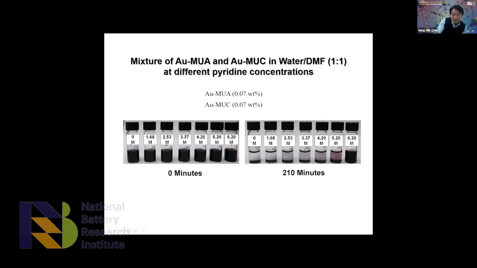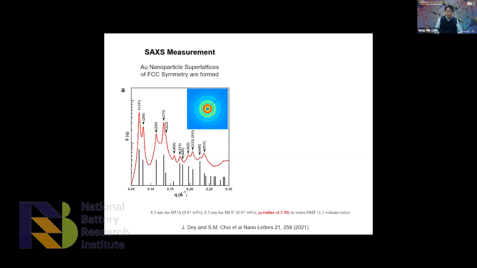Here we mixed these two types of nanoparticles in a solvent of water and DMF, 1:1, at different pyridine concentrations. Pyridine is a sort of catalyst to enhance the reaction. After some time, the particles interact with each other and precipitate. We put this precipitate into the SAXS beamline, and we found a very nice scattering pattern showing FCC symmetry.